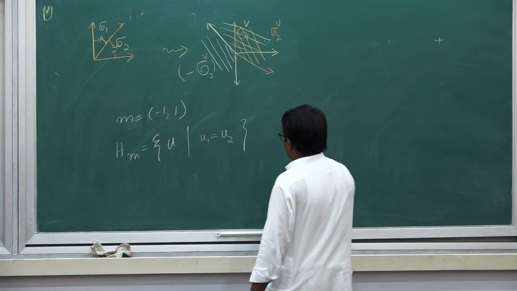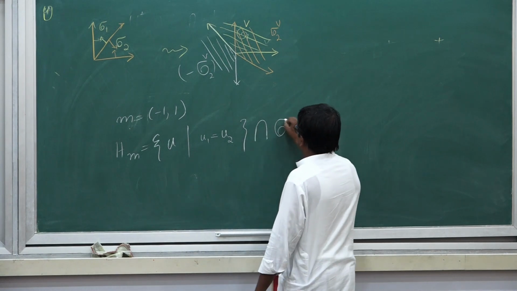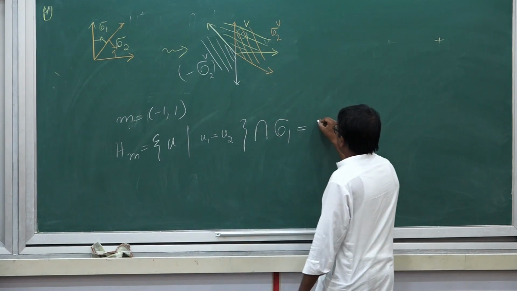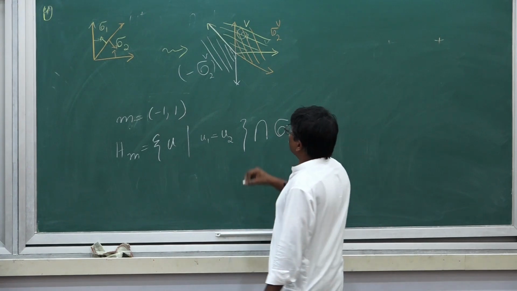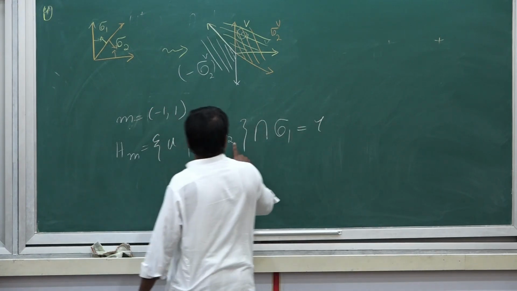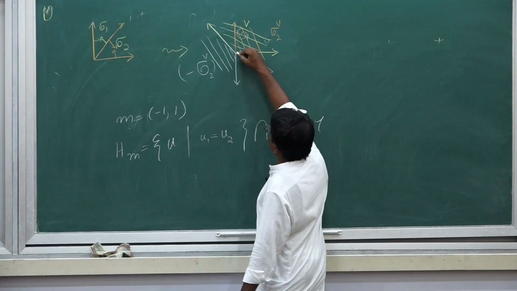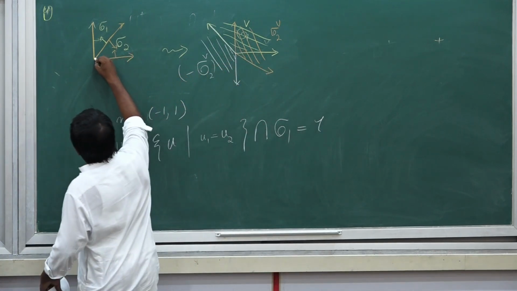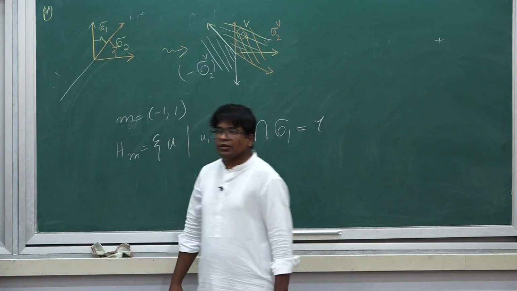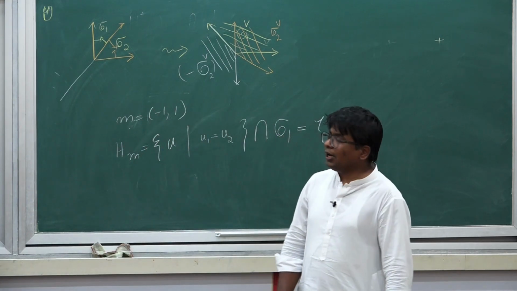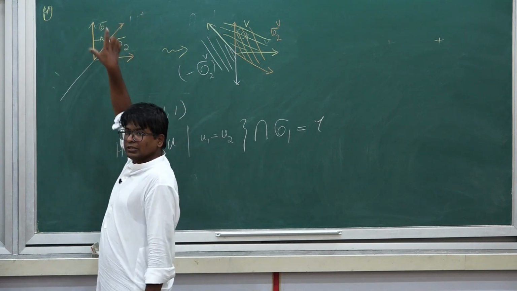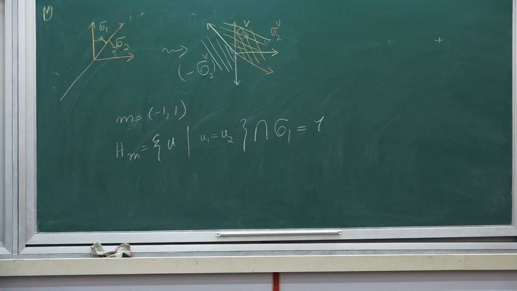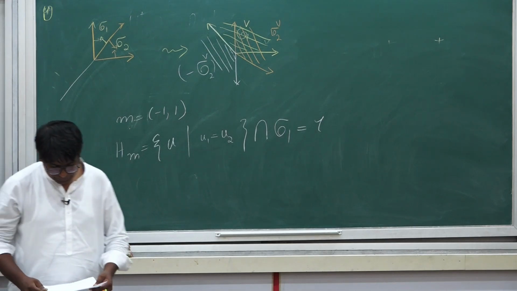And if you intersect this thing with sigma 1, you get actually tau, because u1 equals u2 here would be this line. Okay. And its intersection with sigma 1 dual would give me this edge in this direction. Okay. So that would be the common face.